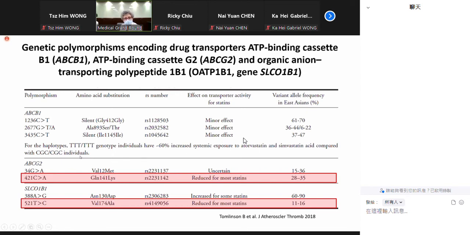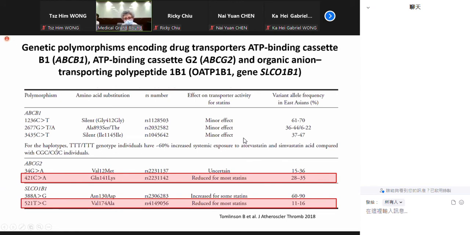statins. Also, the other point to note is that these are common polymorphisms, and so there is the possibility of different combinations. This is what we call haplotype. For example, you have people who can have TTT, in other words, they carry the T for all these three SNPs, or you have people who carry CGC, for example, and you get one from mom and one from dad.